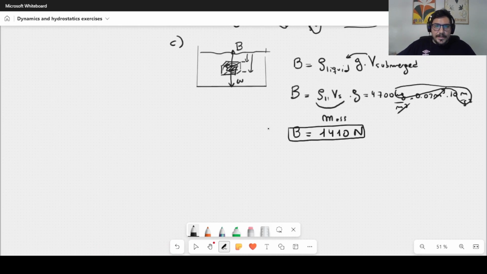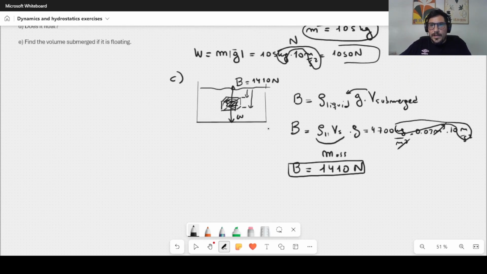Okay, next item. In this case, we analyze this situation. We have the object submerged with a force upwards that is 1,410 Newton, and downwards we have a weight of 1,050 Newton.